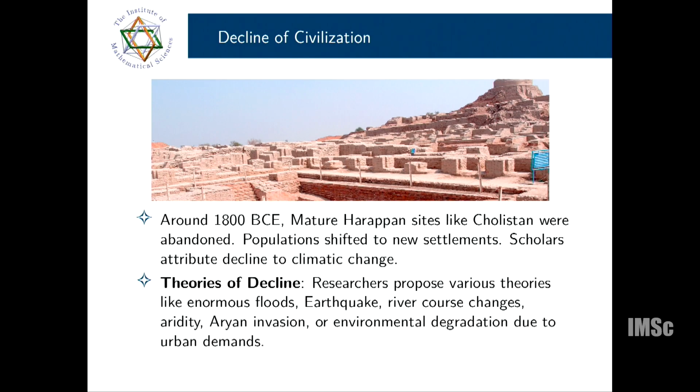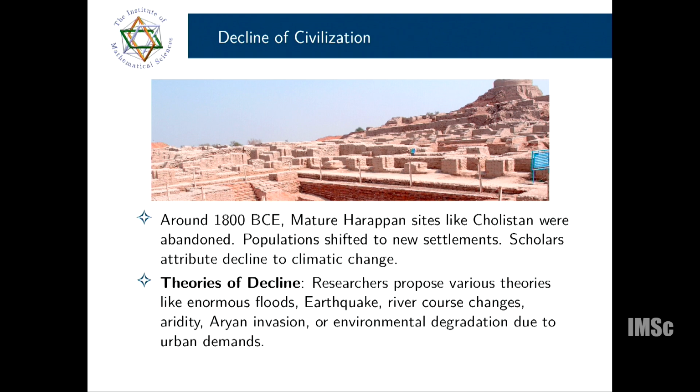I'll just skip this. So at the end, the point is, unfortunately, there is some kind of decline. We don't know what happened. It was so grand, everything, and then suddenly there was a gap.